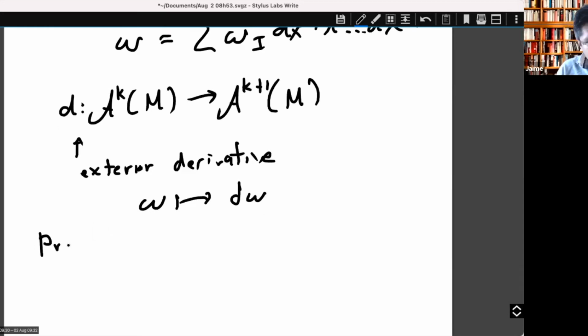The important theorem for us is that, well, there are some other properties of d, like it is linear, and you have the Leibniz rule, etc. But what is going to be important for us is that if you differentiate twice, you get 0, right?